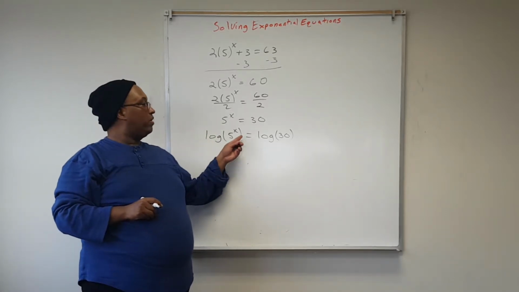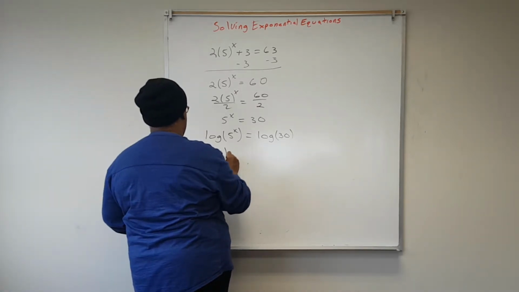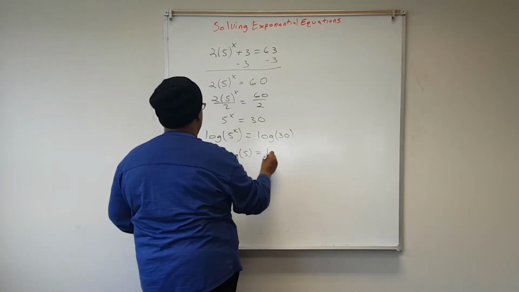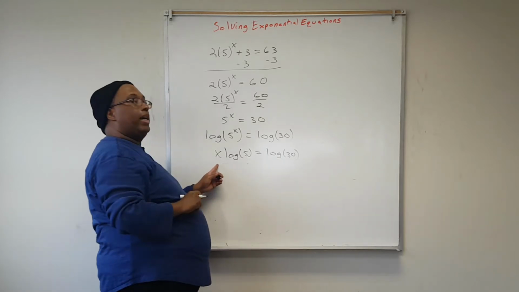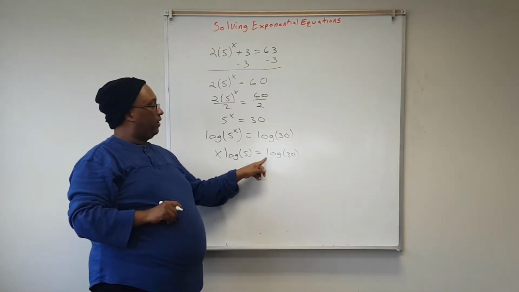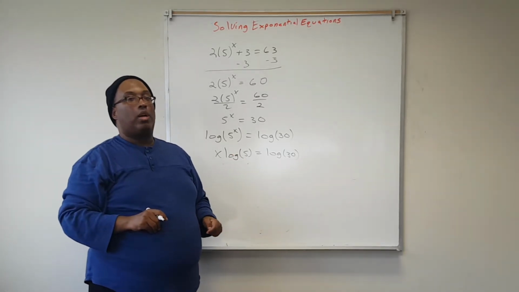Using the rules of logarithms, we can move the x over. x times the common log of 5 equals the common log of 30. Divide both sides by the common log of 5.